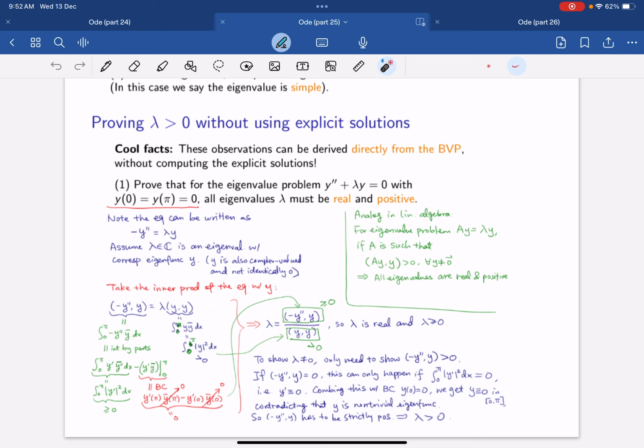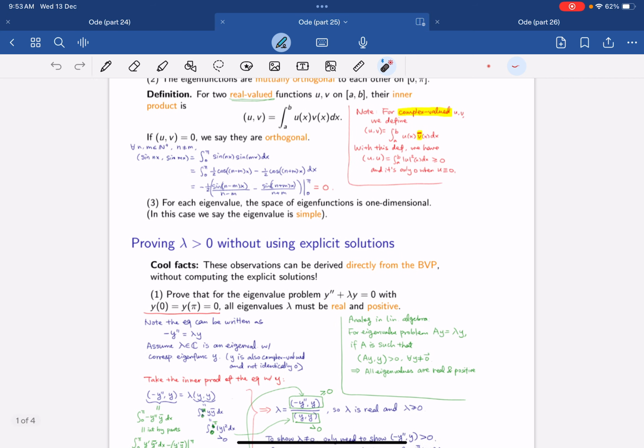If we assume that lambda is an eigenvalue with some eigenfunction, then we take the inner product of this with y. We know that minus y double prime is lambda y, and when we take the inner product, you can take out the lambda at the same time. It won't really affect the solution.